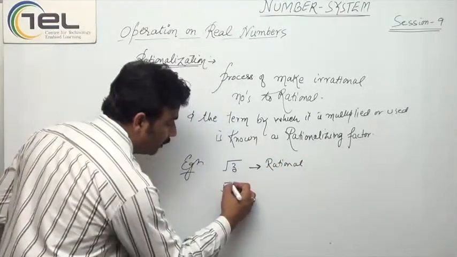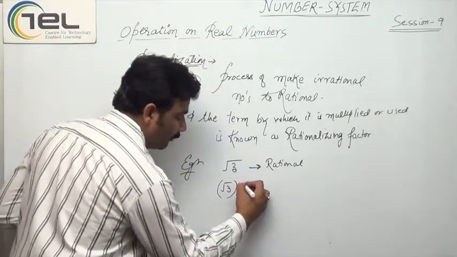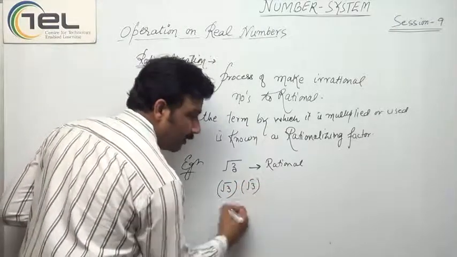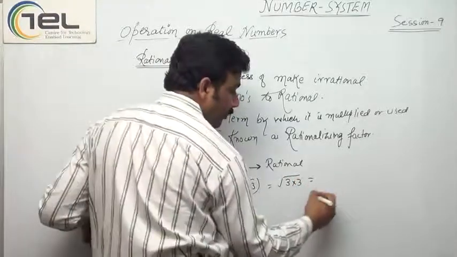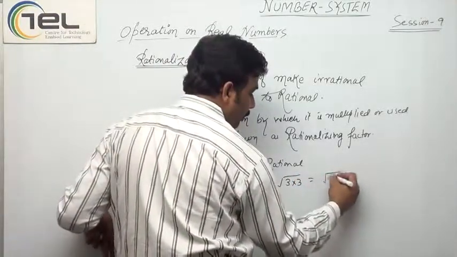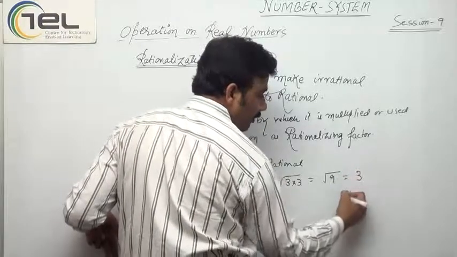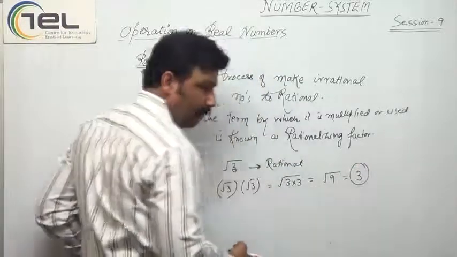So root 3 can be multiplied by another root 3 and it will result in root 3 into root 3, which is root 9, which is 3, a rational number.